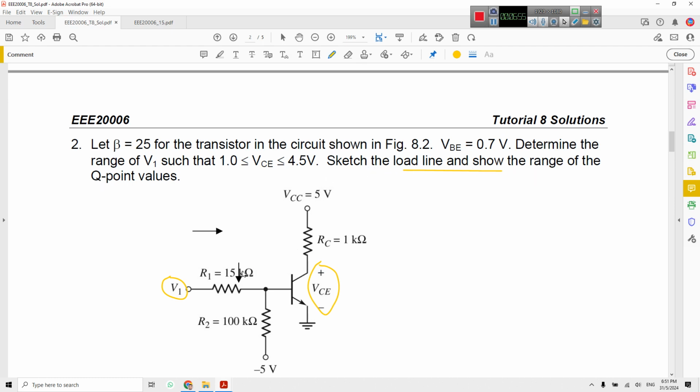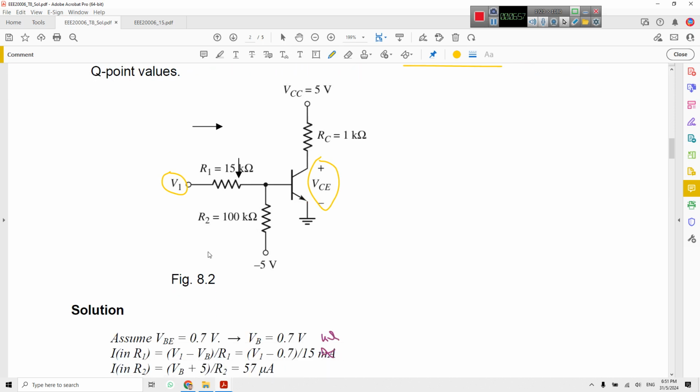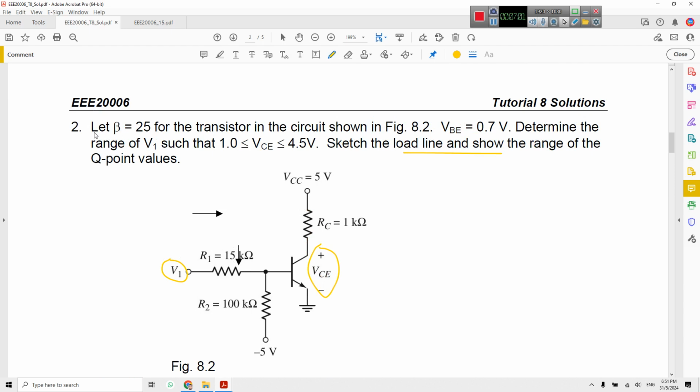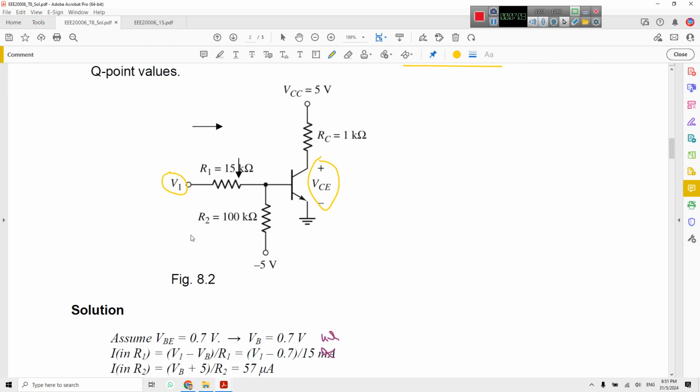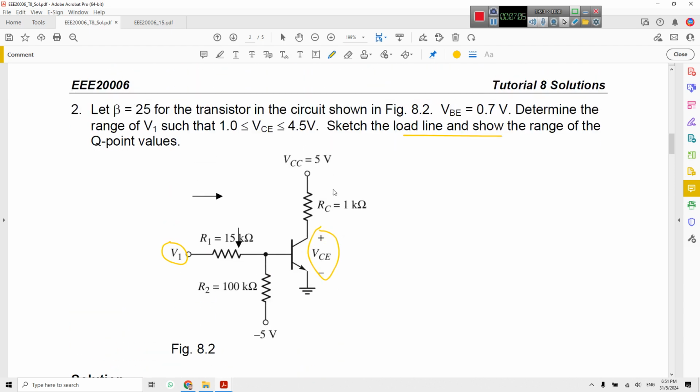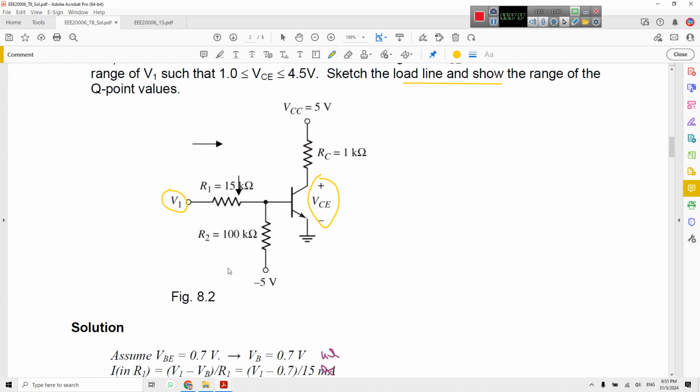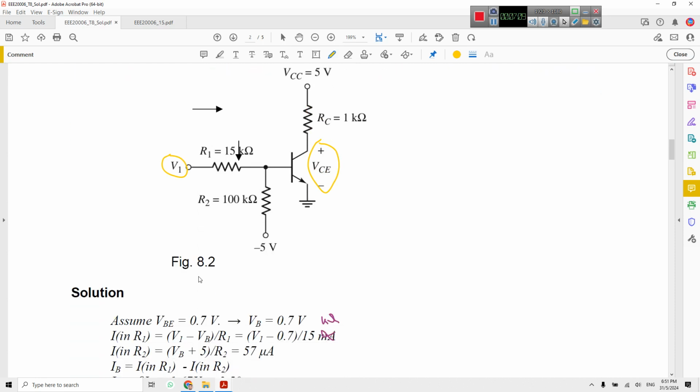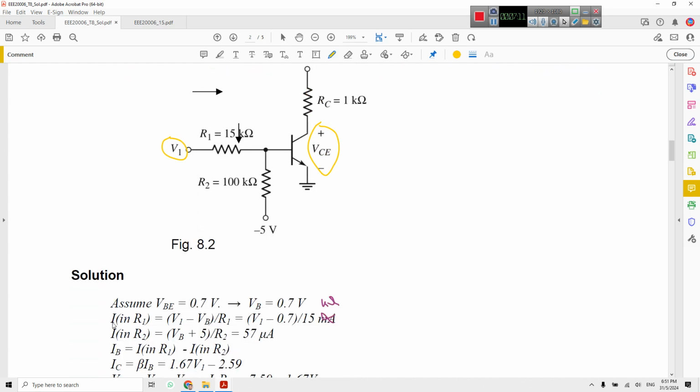Okay, for this one we should calculate IB first, because beta is given here. For IB, as VBE is given as 0.7, we have the current across R1. This point is VB.